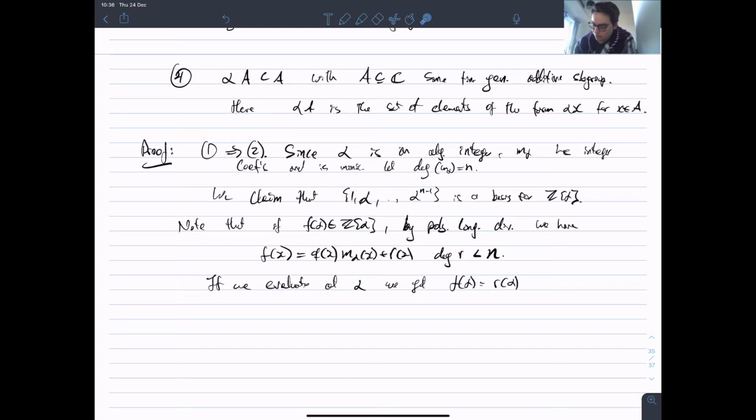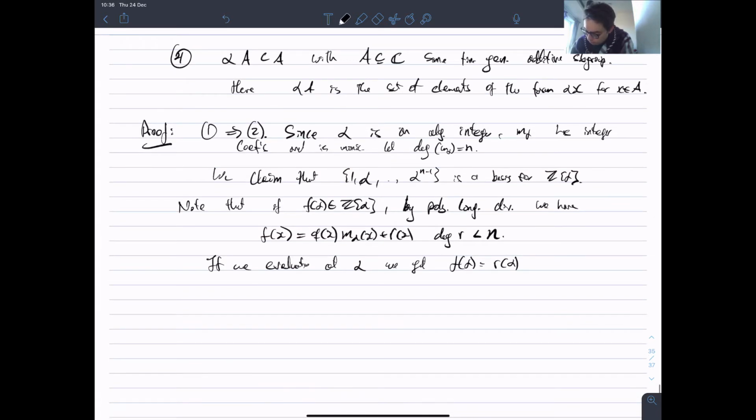So if I have any element like this, which somehow had bigger powers of alpha to the n showing up, then actually f of alpha equals r of alpha, so I can rewrite it as something of smaller degree. Since the degree of r is strictly less than n, we see that r of alpha is in the span of 1 up to alpha to the n minus 1.